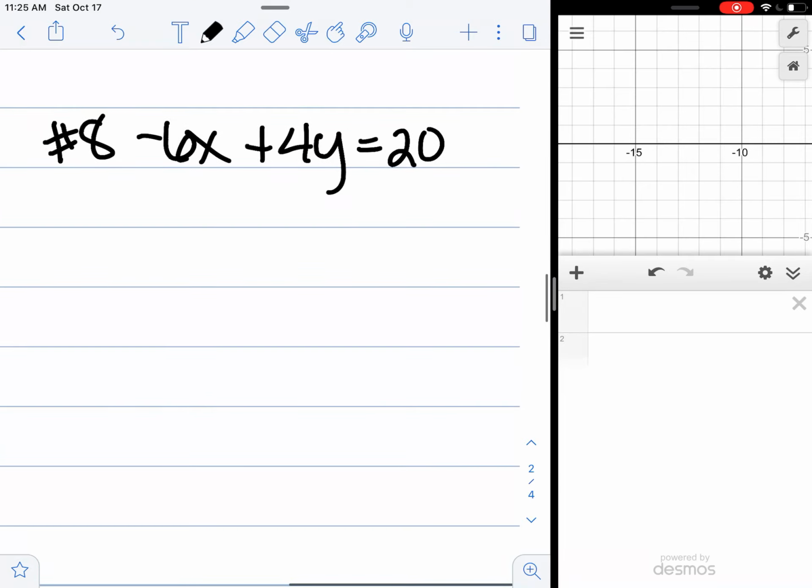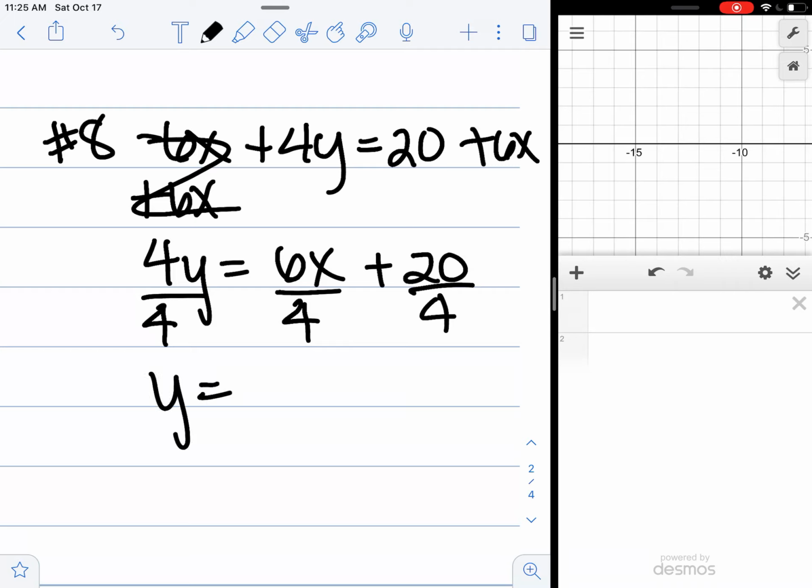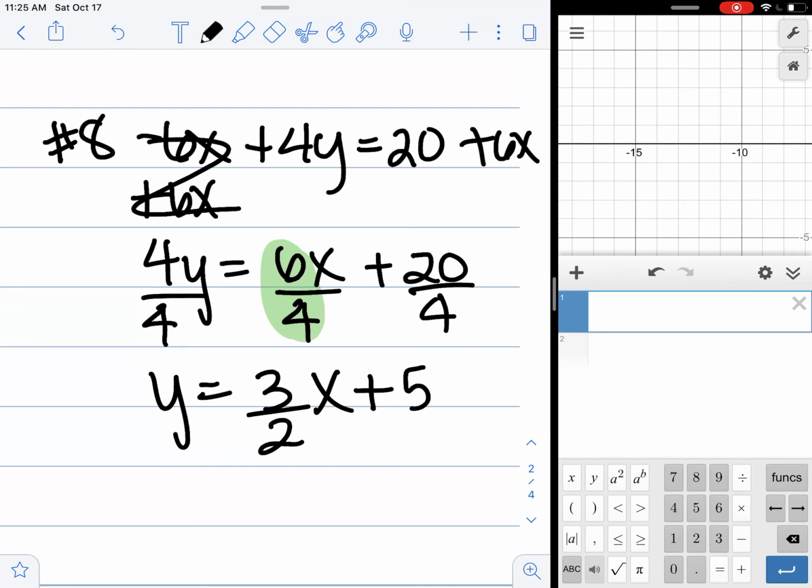So we're taking the opposite, so we're going to add 6x to both sides. And so we end up with 4y equals 6x plus 20. We divide by 4 on both sides. So we end up with y equals, now here's where you have to change this. This needs to be simplified. You can use your calculator to do that, but it's going to simplify to 3/2 x plus 20 divided by 4, which is 5.